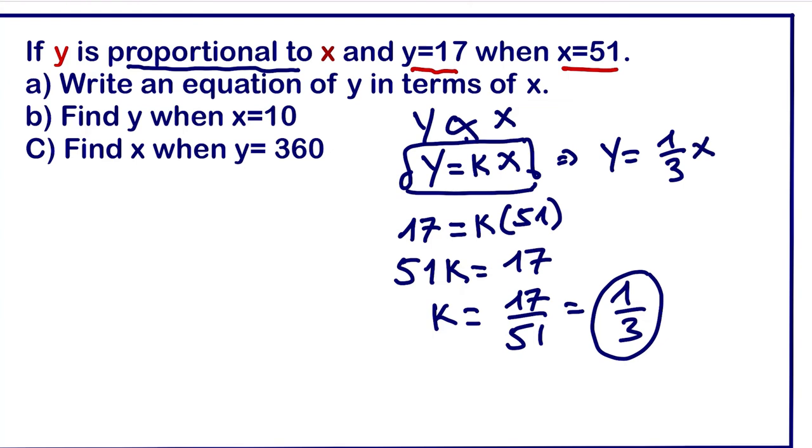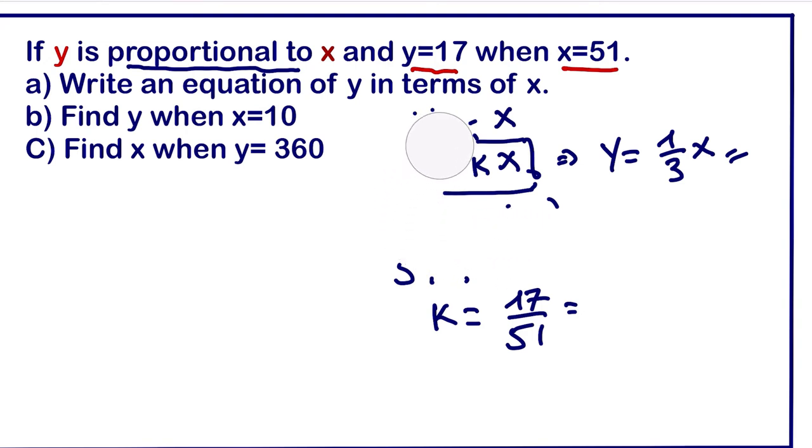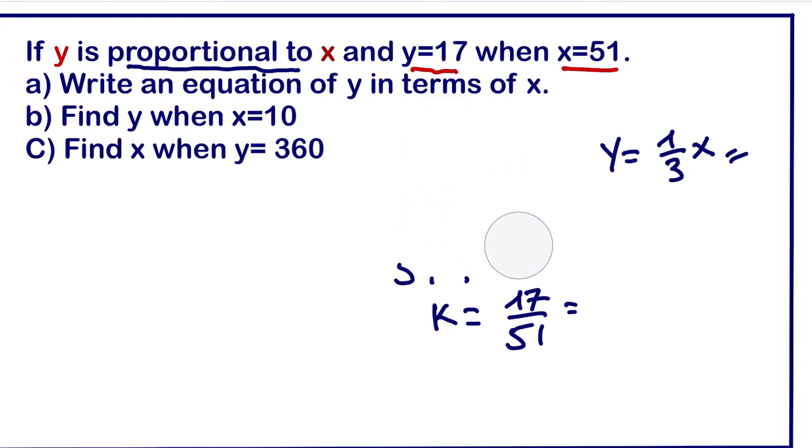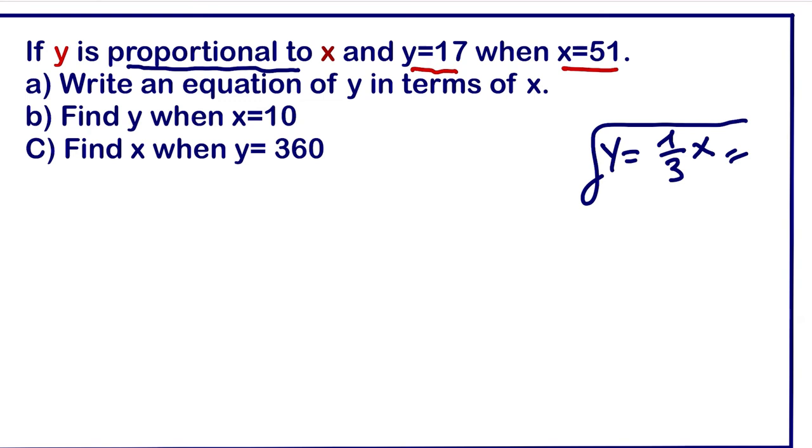So this is our equation of y in terms of x. Okay, so we are done with A. Let's move to the next question, which is B. There is no need to delete the equation, we are going to use it to calculate the other values.